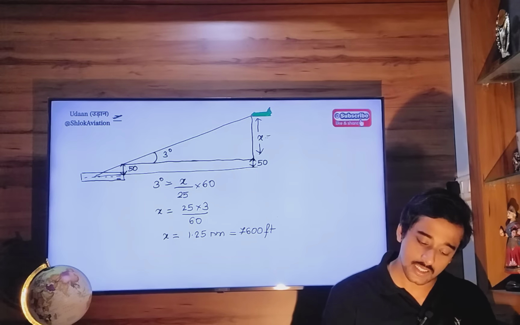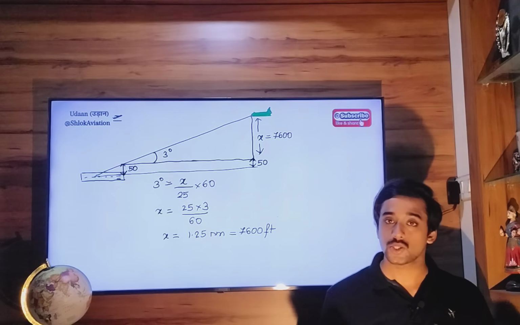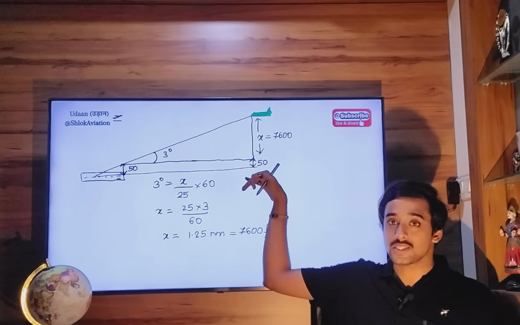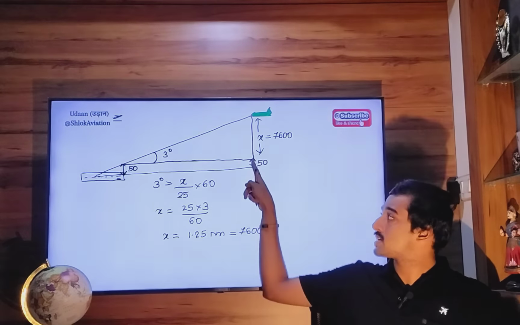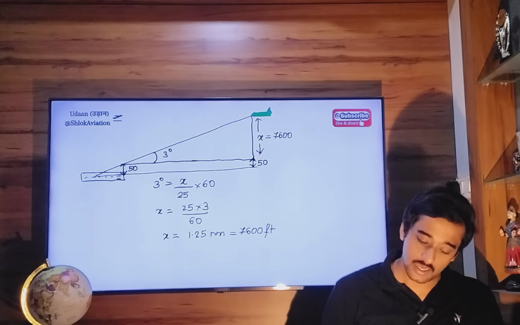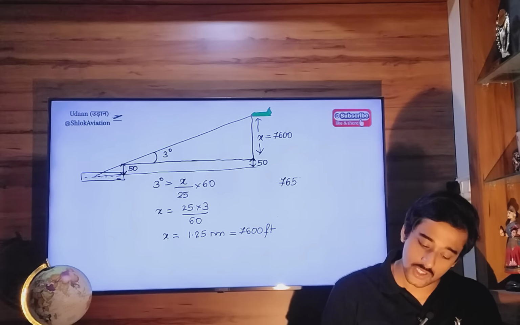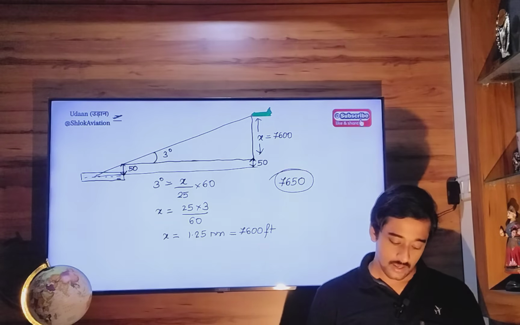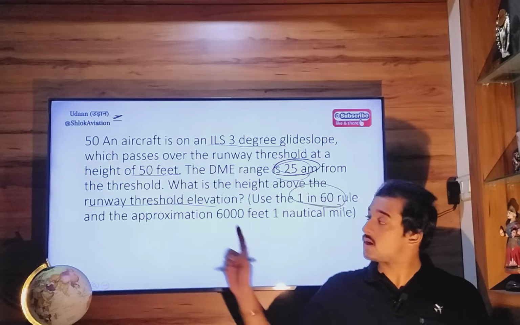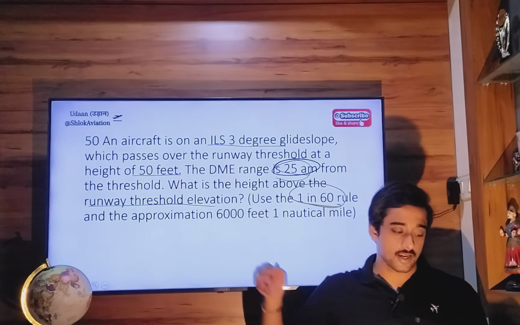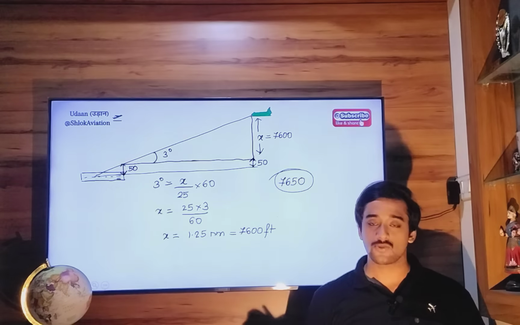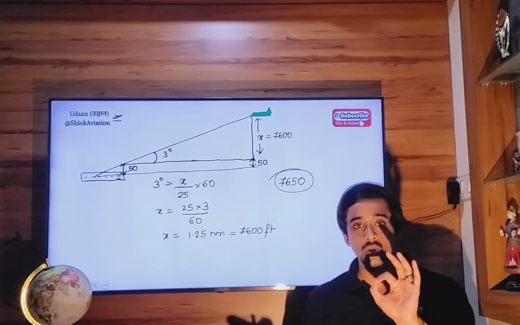So this x is 7,600 feet. So the height of the aircraft from the ground surface is 7,600 plus this extra 50, that is 7,650. So the final height of the aircraft above the runway threshold elevation is 7,650. So select the value which is closest to this value.